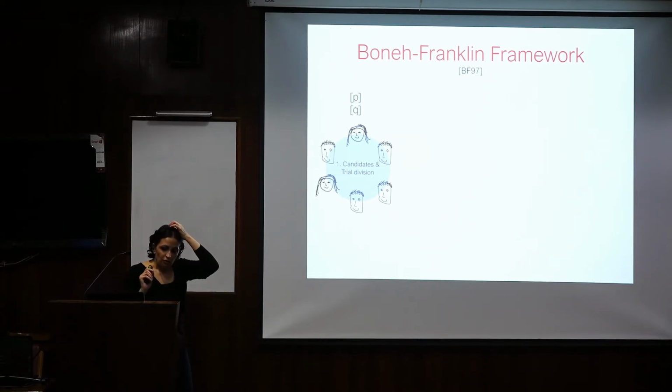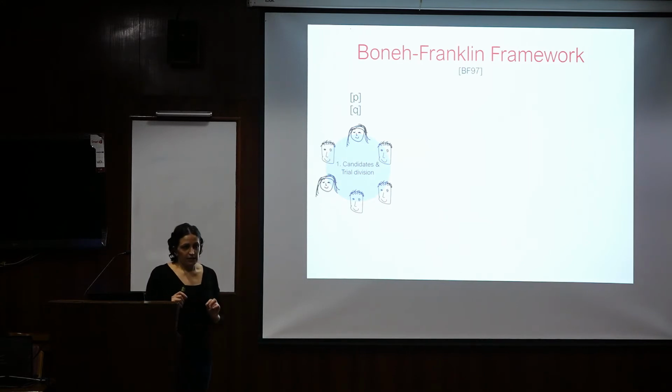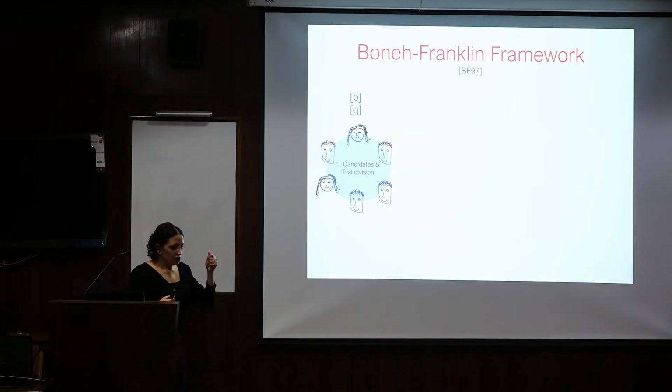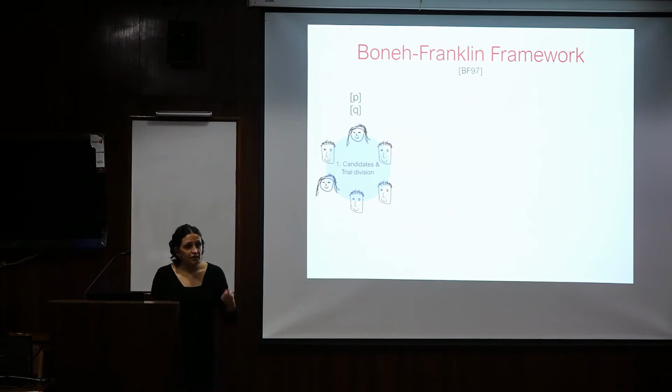Good. So the trial division basically says that before we compute the product, we can check each prime candidate separately and check whether it is divisible by any of the first, let's say, 100 primes. Okay, this is some bound.